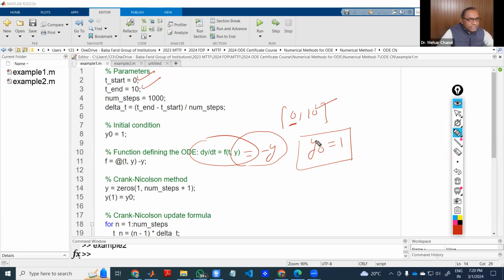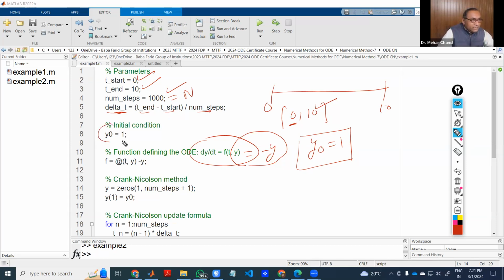The step size we are choosing: we want to divide this interval from 0 to 10 into 1000 steps. This is the value of n, as we discussed in the method. And delta t will be equal to t end minus t start upon number of steps. According to that, the value of delta t will be computed.